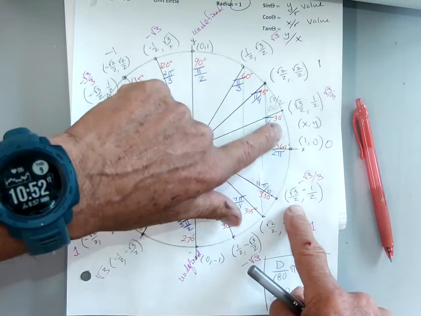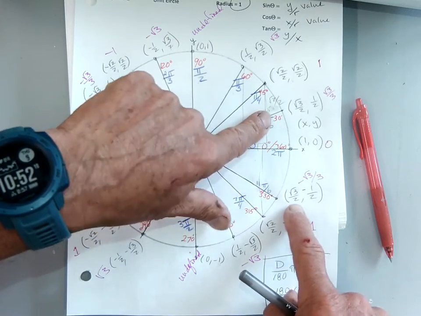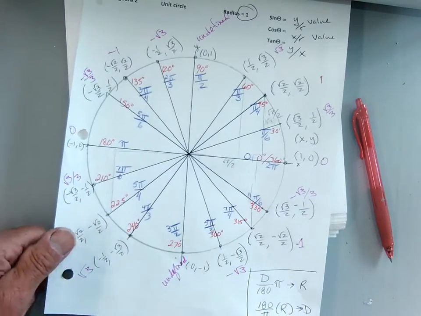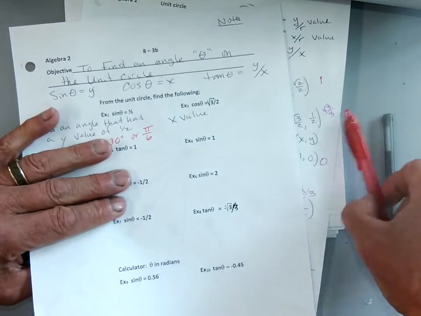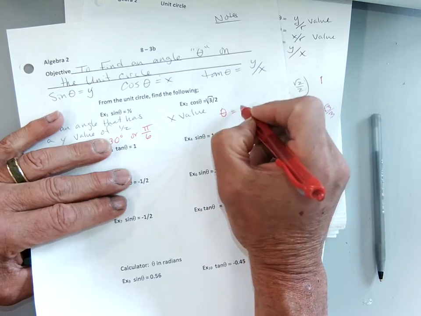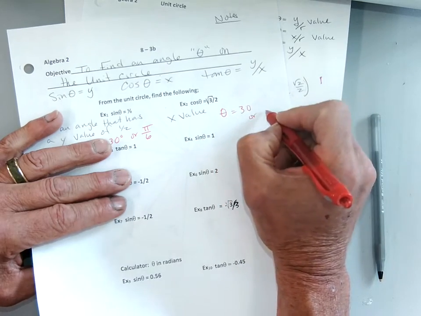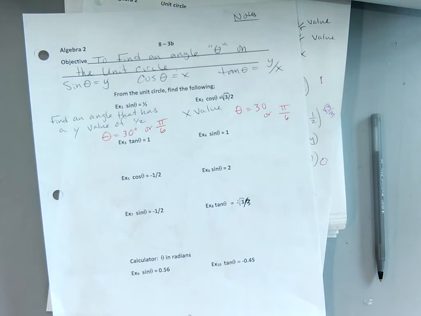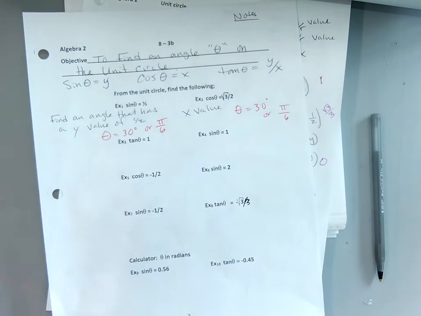So the answer has to be 30 degrees. The angle we're looking for is 30 degrees. So theta would be 30 degrees or pi over 6. I want you to put both the degree and the radian. Same angle, different name. How am I doing?